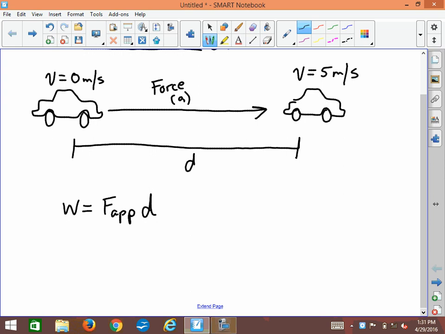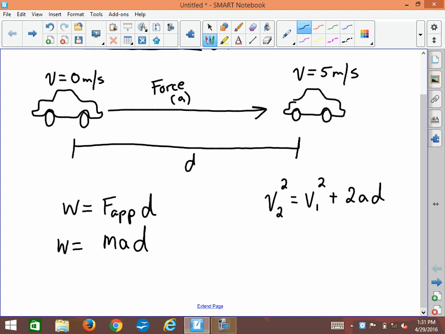So let's look at this equation. And let's just kind of mess with it a bit. F applied, force equals ma, right? Because that's Newton's second law. So I can replace force with ma and get this little equation. At the same time, I can also describe this situation using a kinematic equation that looks like this. There's a d and two different speeds and obviously an acceleration.